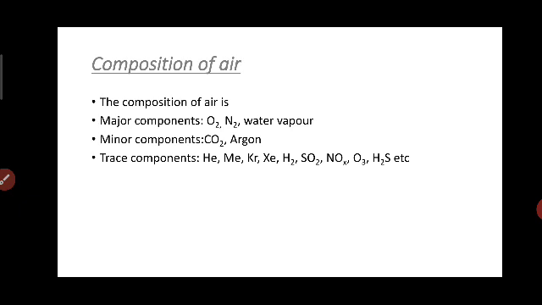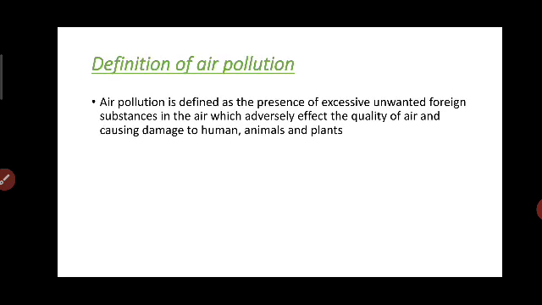Without them, there is no life on the surface of the earth. So whenever unwanted substances pollute those gases, living things are also affected, and that is called air pollution.